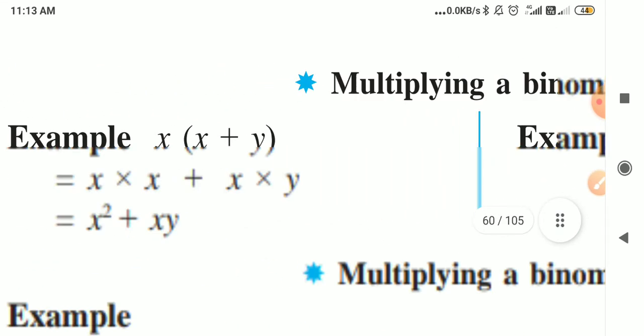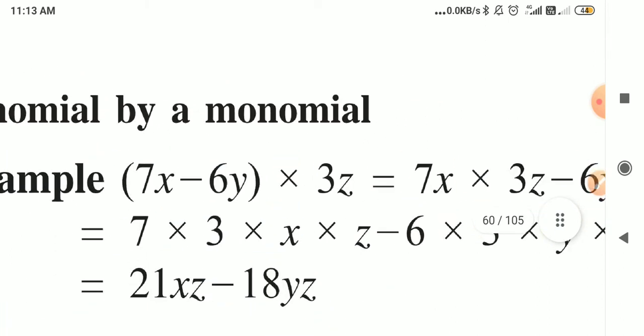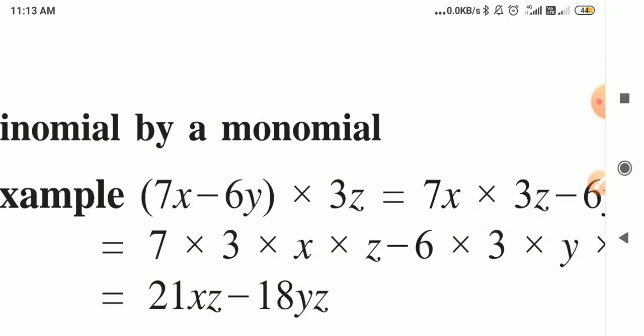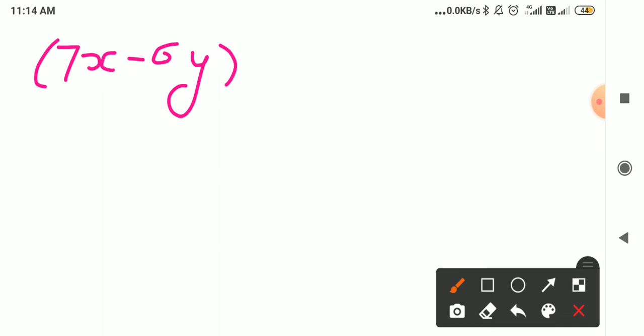Now the second example. Here we have to do the multiplication of 7x minus 6y with the monomial 3z. How to solve this example, we will see. Here 7x minus 6y, we have to multiply this with 3z.